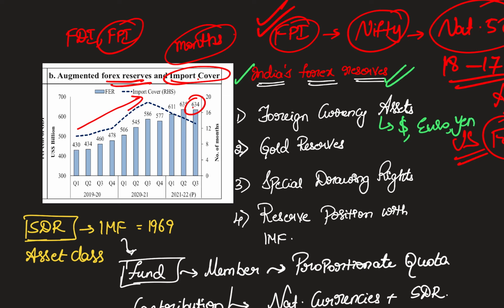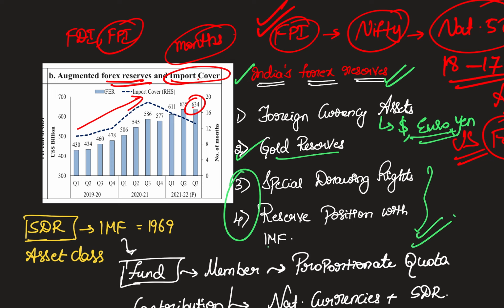All the basket of currencies of different countries that are with RBI are assets because they will have an underlying value. Secondly, all the gold that RBI has or all the gold that the government has, those gold reserves also constitute forex reserves. Then here we have to understand two important concepts: special drawing rights and reserve position with IMF.